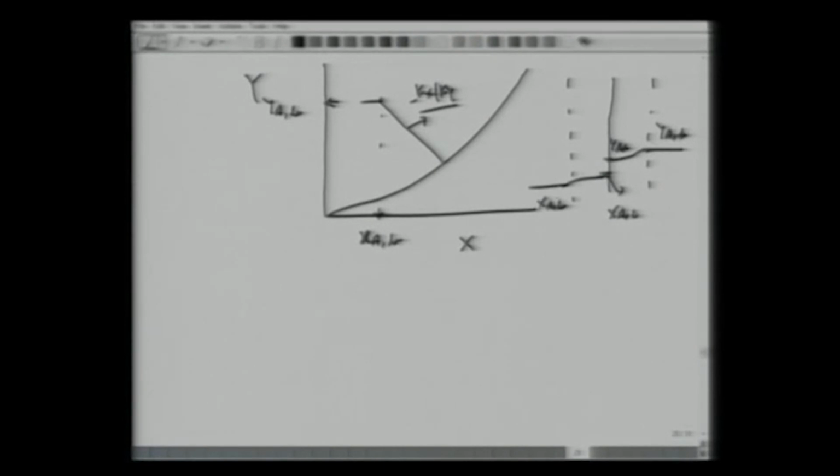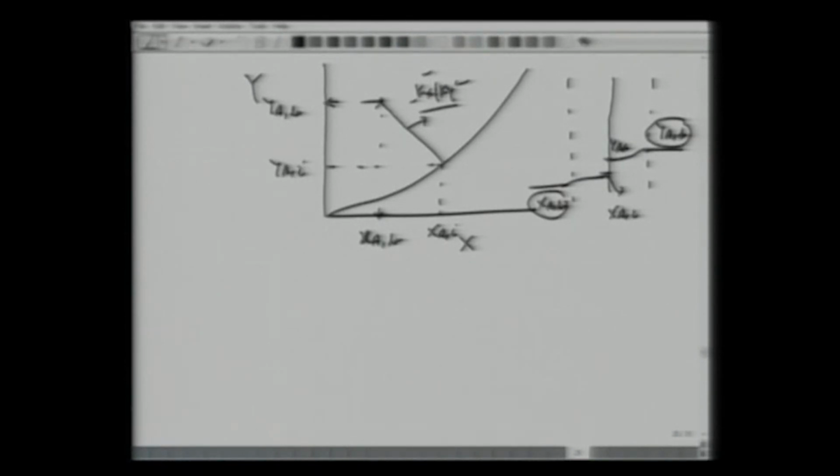So knowing these 4 concentrations, we can calculate this ratio of minus kx over ky, and we can plot this. Alternatively, if we know the mass transfer coefficients, then we know the bulk concentrations YAB and XAB. We can mark this point, take a slope to reach the concentrations which are nothing but XAI and YAI.